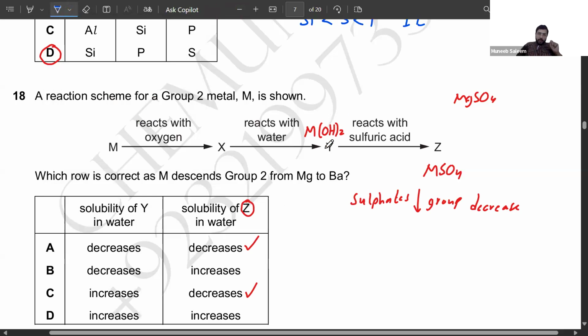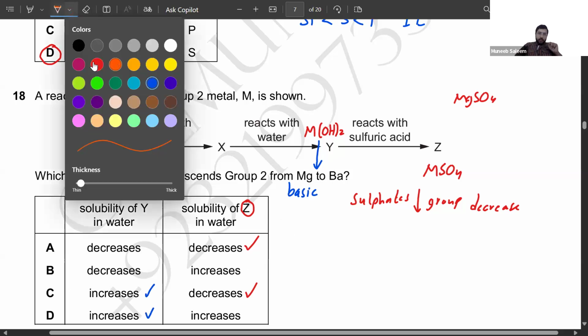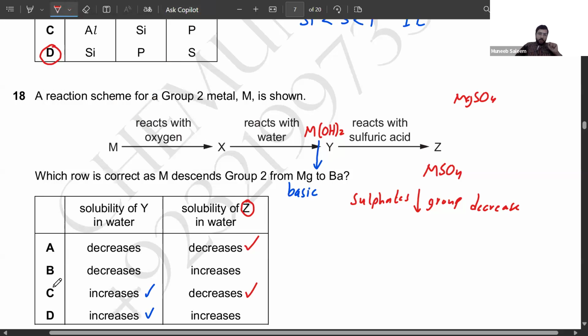On the other hand, for hydroxides, we know that going down the group, the basicity or basic character of the metal hydroxide increases. So considering that, the correct option becomes option C.